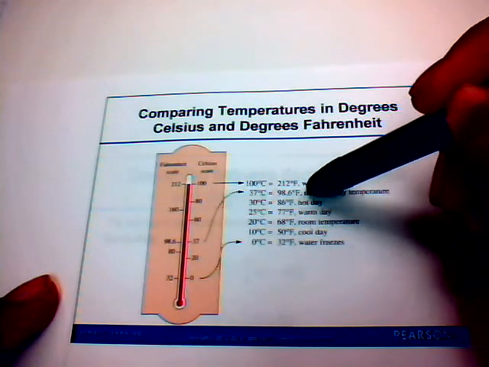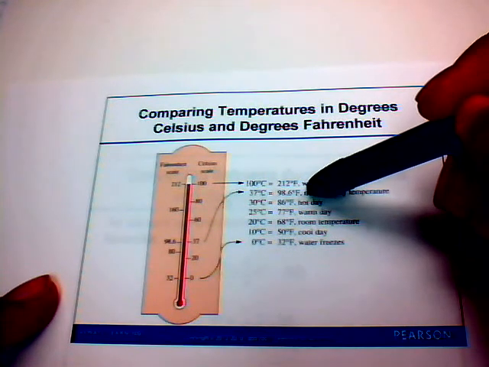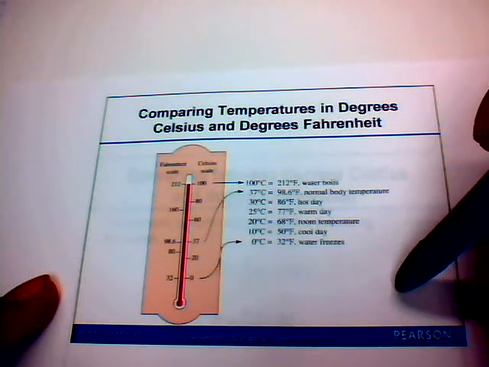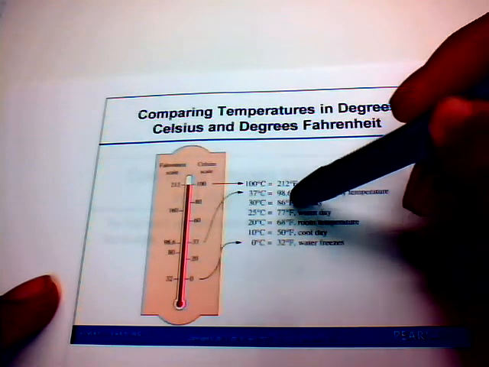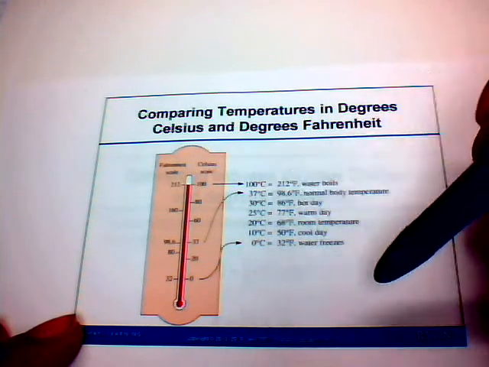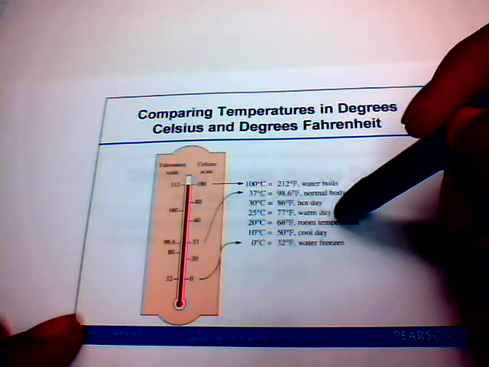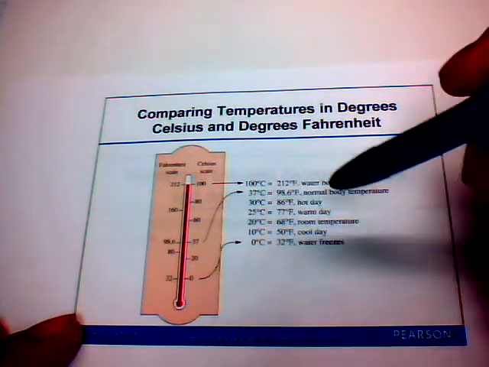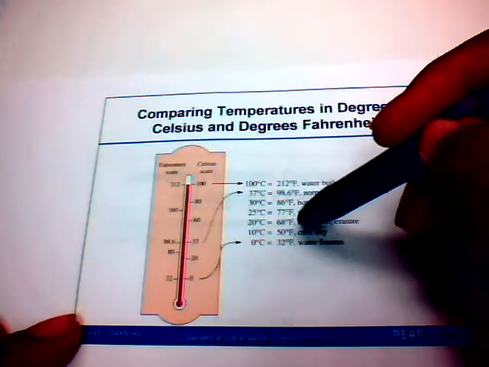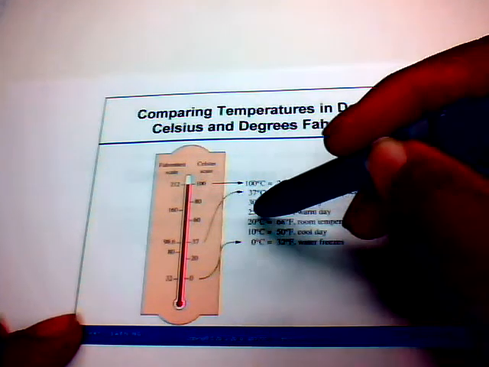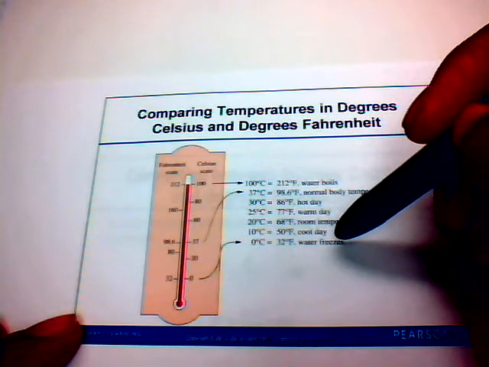The normal body temperature in Fahrenheit is 98.6 degrees. That's equivalent to 37 degrees Celsius. On a hot day, 86 degrees Fahrenheit would be 30 degrees Celsius. On a warm day, 77 degrees Fahrenheit would be equivalent to 25 degrees Celsius. 68 degrees Fahrenheit, that's the normal room temperature, is equivalent to 20 degrees Celsius.